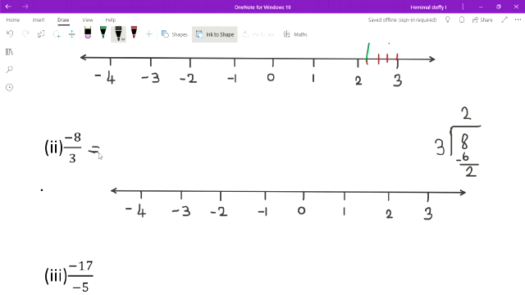Whole number is equal to 2 because the quotient is the whole number 2. So the remainder as it is, denominator as it is, remainder is equal to numerator 2. So minus is there, so minus. This is the negative side, so you should take it on the negative side. So the rational number lies between minus 2 and minus 3.